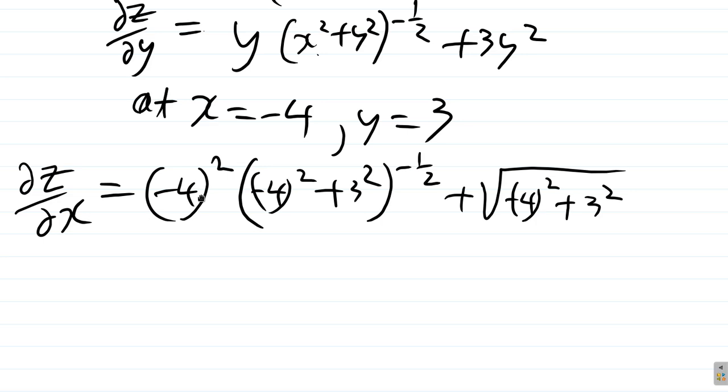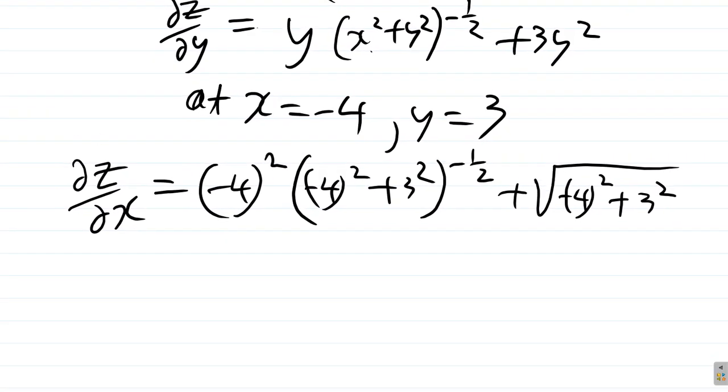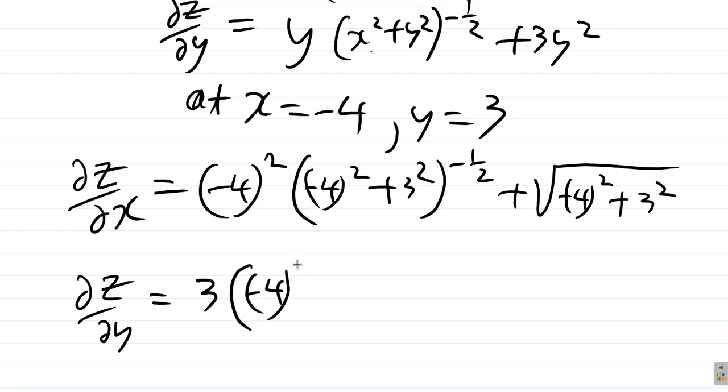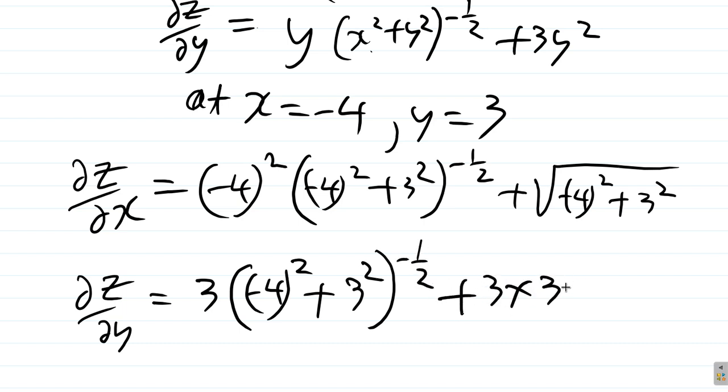And at the same time, partial z by partial y is equal to y, which is 3, times negative 4 squared plus 3 squared to the negative half, plus 3 times y squared, which is 3 squared. Okay.